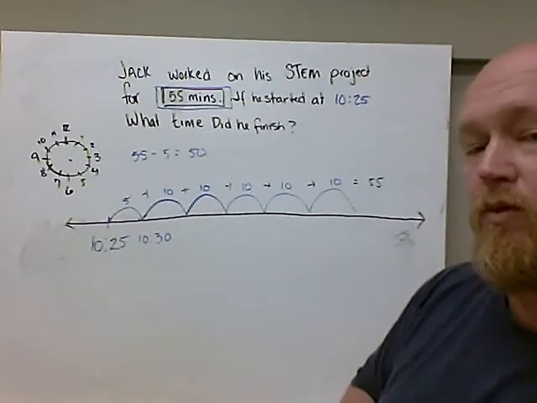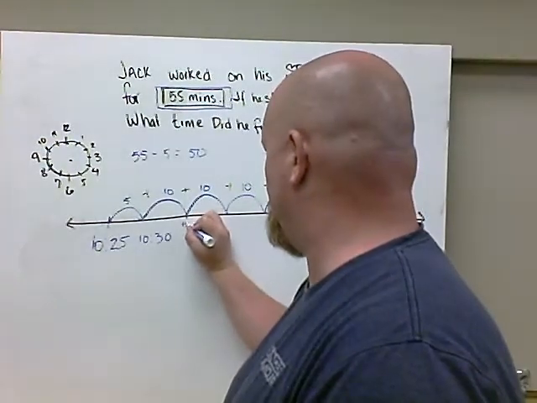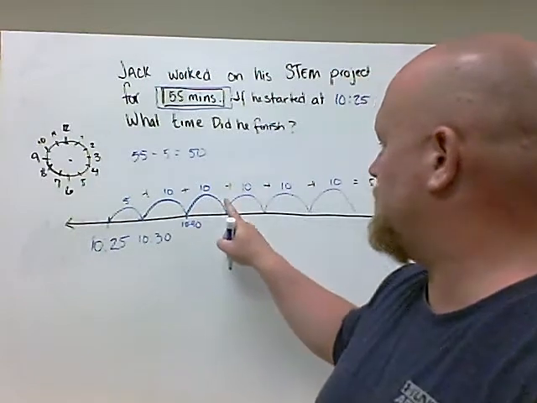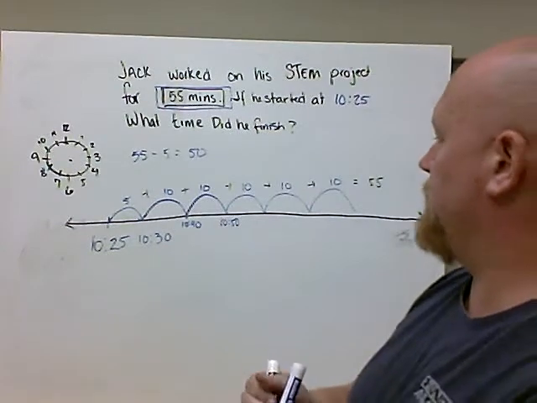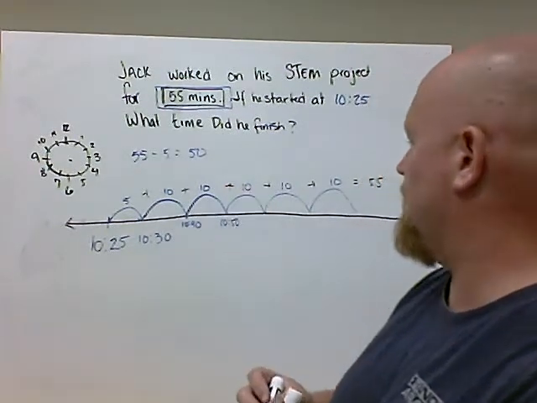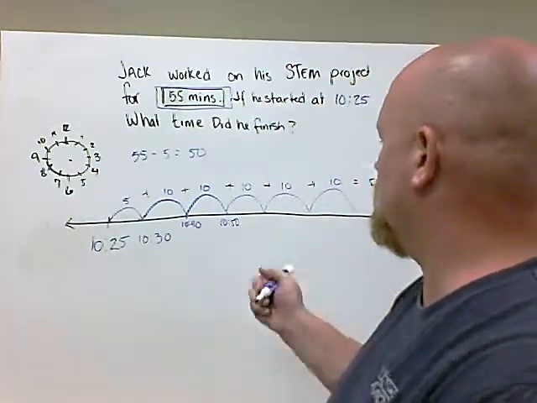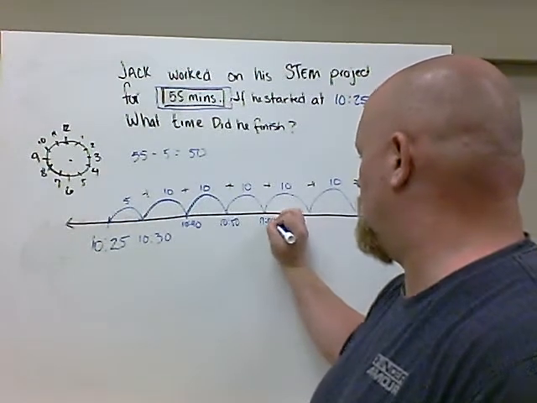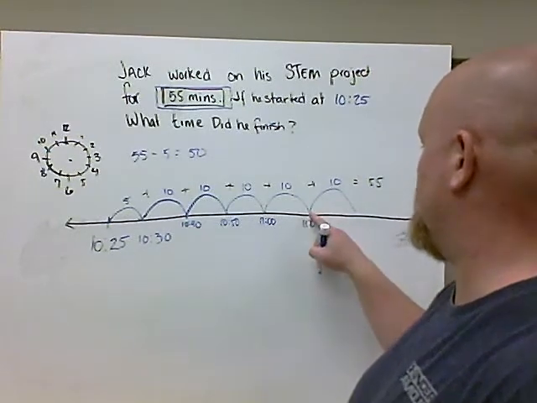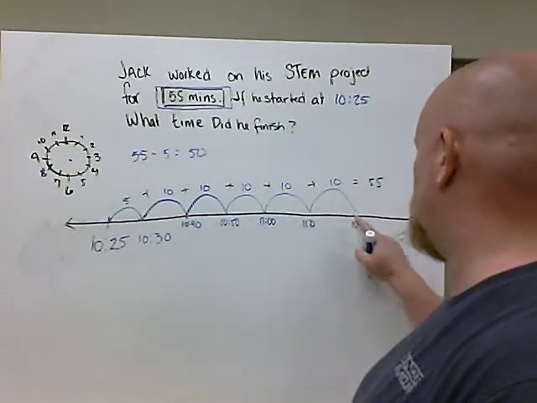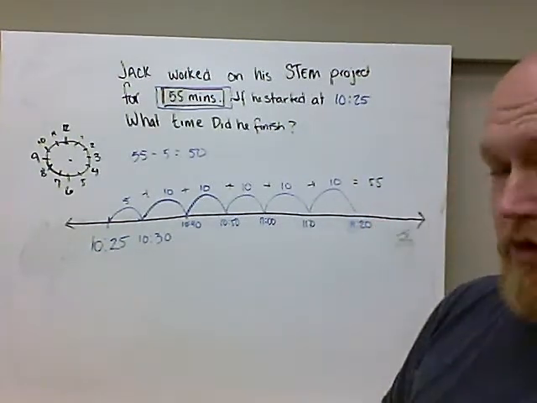Now I just have to figure out what the time would be. 10:30 plus 10 would be 10:40. 10:40 plus 10 would be 10:50. 10:50 plus 10, remember, if I have 10:50, when I get back around, that's the next hour. 11 o'clock plus 10 is 11:10, plus 10 is 11:20. And just like in yesterday's video, Jack finished at 11:20.